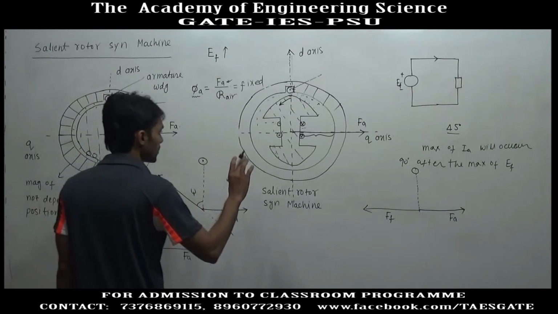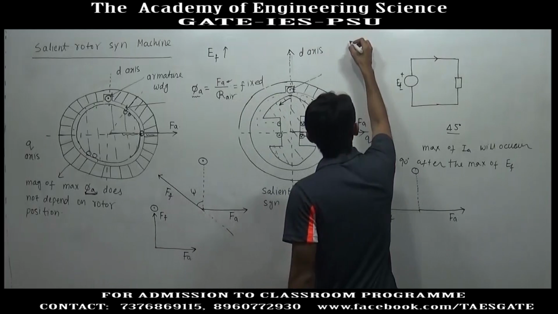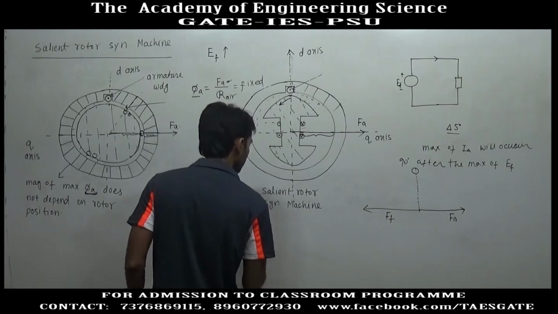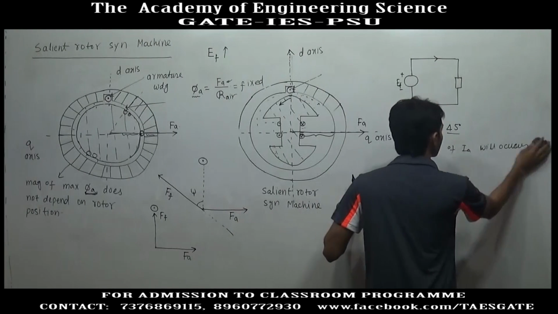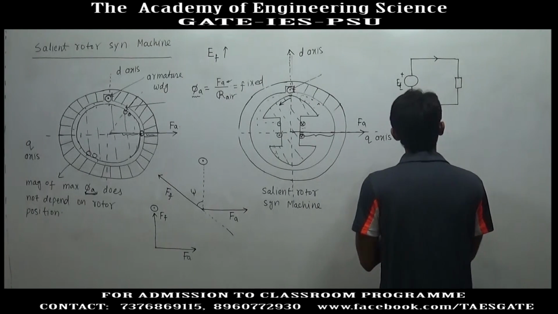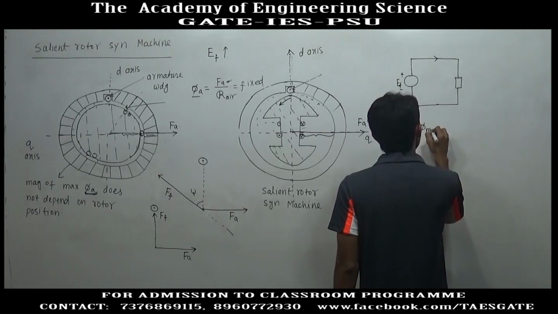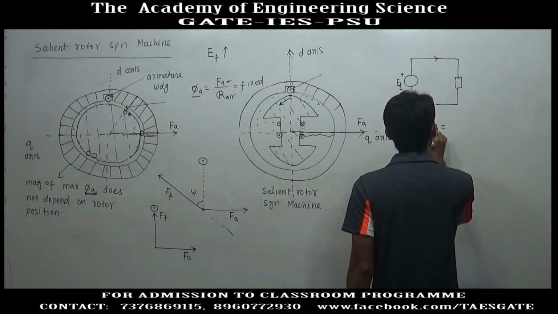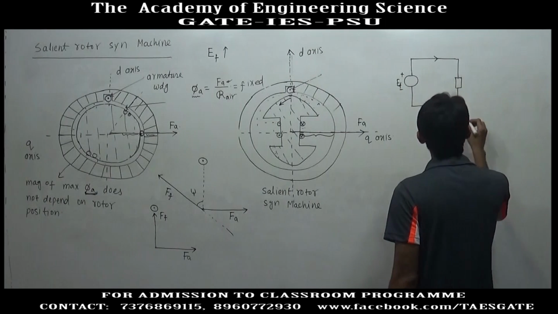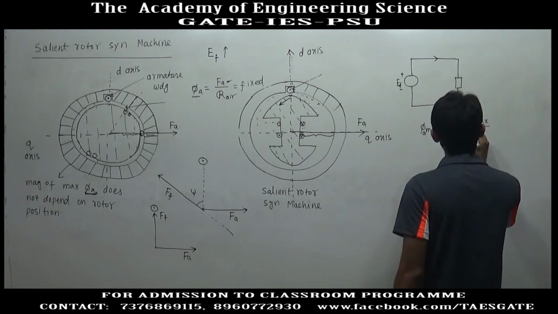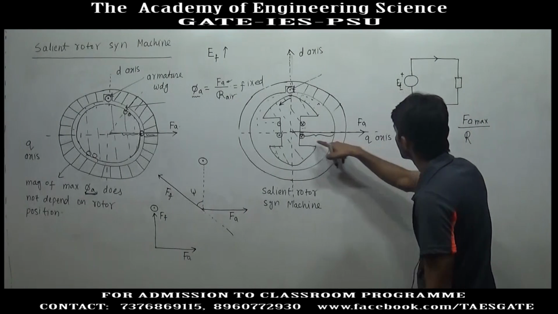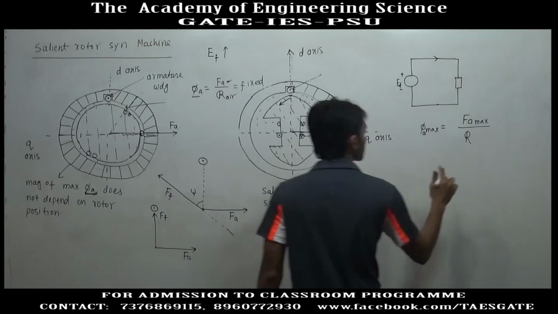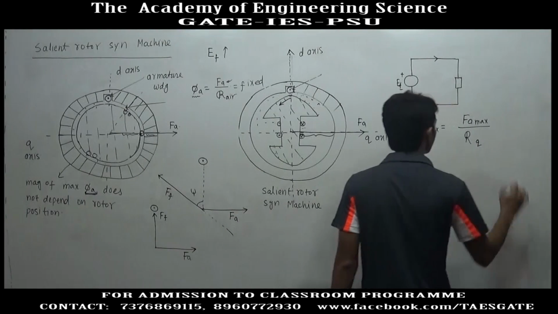So, in the unity power factor case, the maximum armature flux phi A max is equal to F A max divided by reluctance. The value of F A max is fixed. This reluctance is along the Q axis, so this is the reluctance along the Q axis.